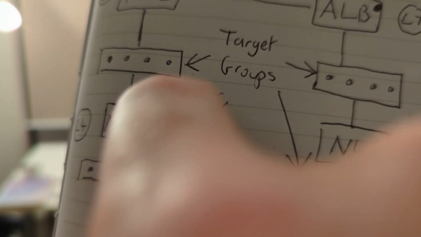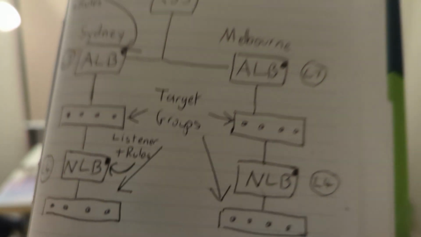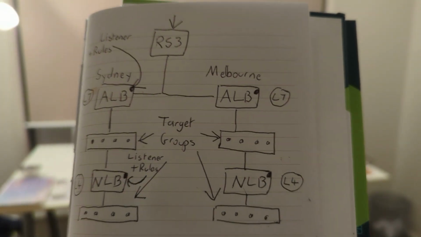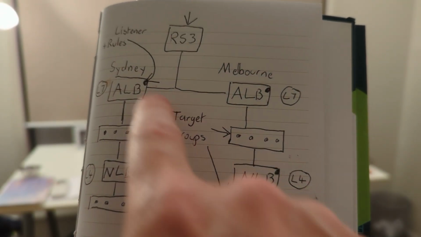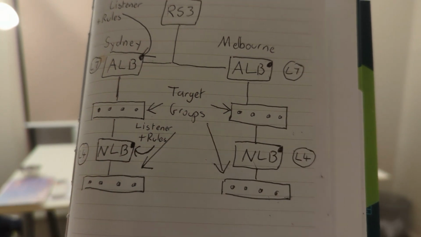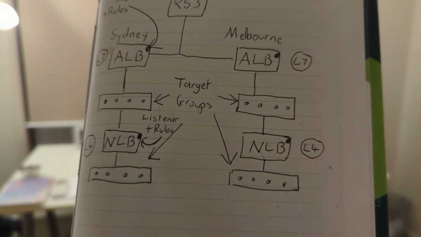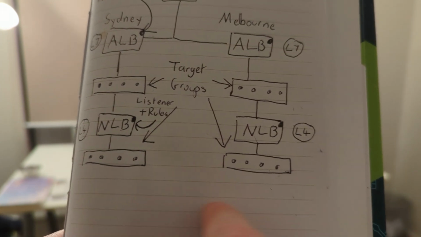So we have our web layer processing web traffic, and then we have our app layer processing application traffic. And this is an example architecture of how we can use Route 53 to send traffic between 2 regions, Application Load Balancers to send traffic to web servers, and then to use a Network Load Balancer to forward traffic from our web servers to our application servers.